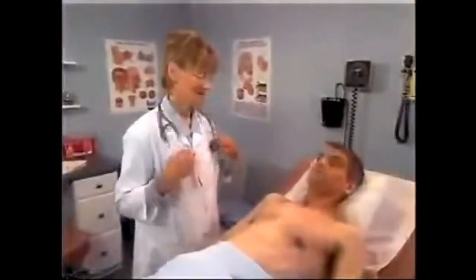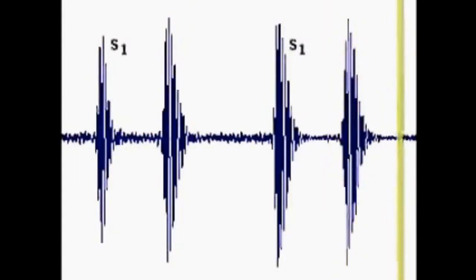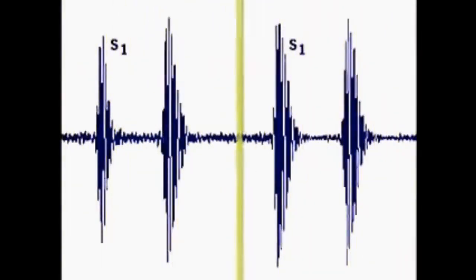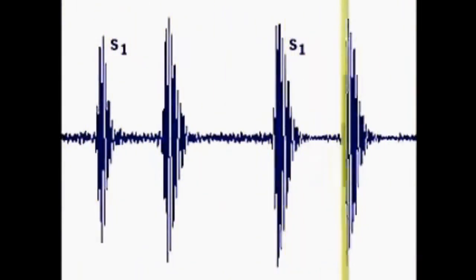Auscultation of heart sounds is an important skill that leads directly to several clinical diagnoses. Before auscultating the heart, let's review normal heart sounds. Closure of the heart valve creates a pair of audible heart sounds. The first sound, S1, arises from closure of the mitral valve.